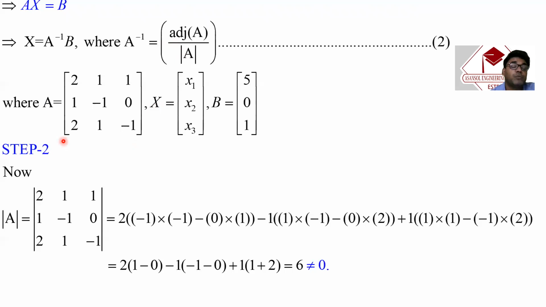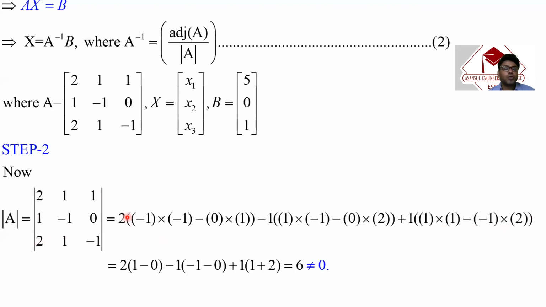What is the next step? To find the determinant value. Now the determinant of A, that is 2 1 1, 1 minus 1 0, 2 1 minus 1, equals 2 into (minus 1 into minus 1 minus 1 into 0), minus 1 into (1 into minus 1 minus 2 into 0), plus 1 into (1 into 1 minus 2 into minus 1).